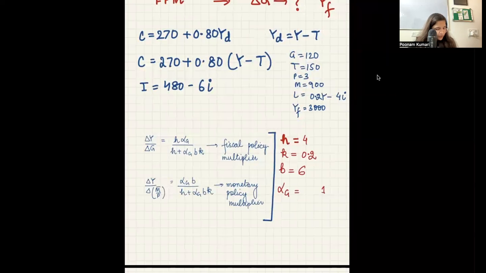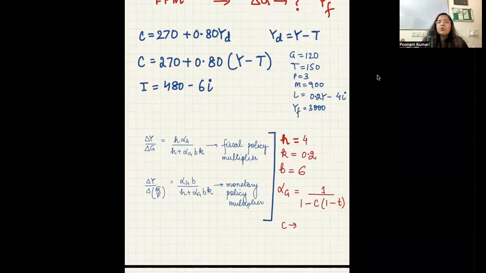And it is 1 over 1 minus C times 1 minus T, where C is the marginal propensity to consume, ठीक है, whatever your coefficient is here, that is C, and T is basically your proportional tax rate. यानी क्या आपकी income का कोई proportion as tax आपसे लिया जा रहा है.